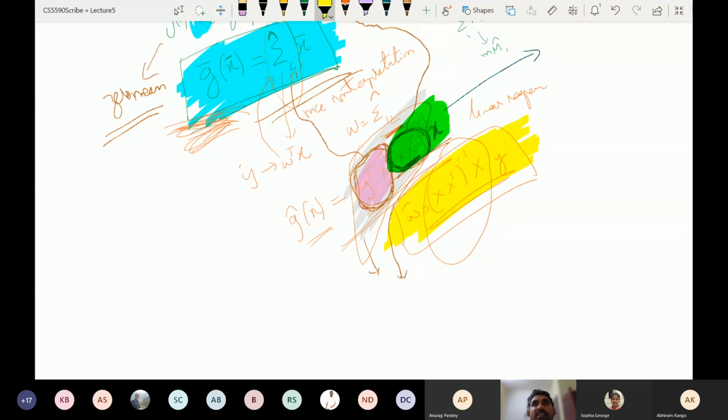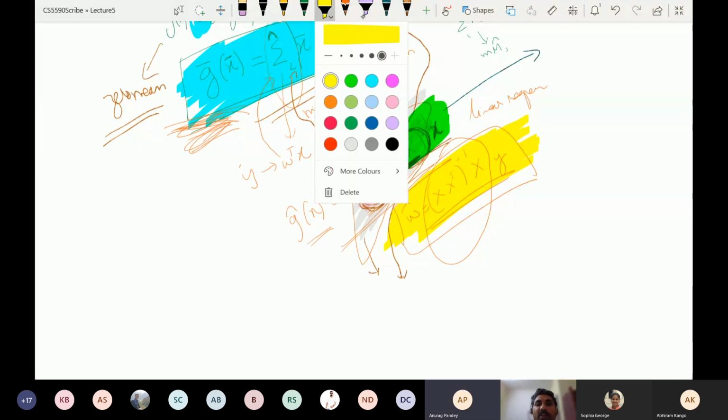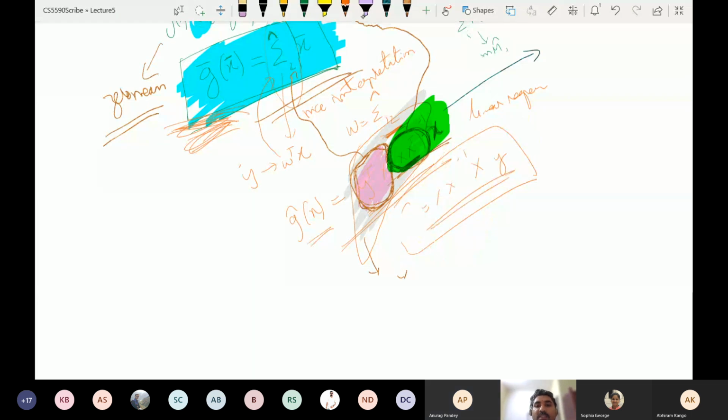Finally, you will hopefully reach a point where the gradient is 0. Here also you are doing the same: this is a point W where the gradient is 0, the yellow one. But in this case, fortunately, the gradient-zero point had an easy expression like that.